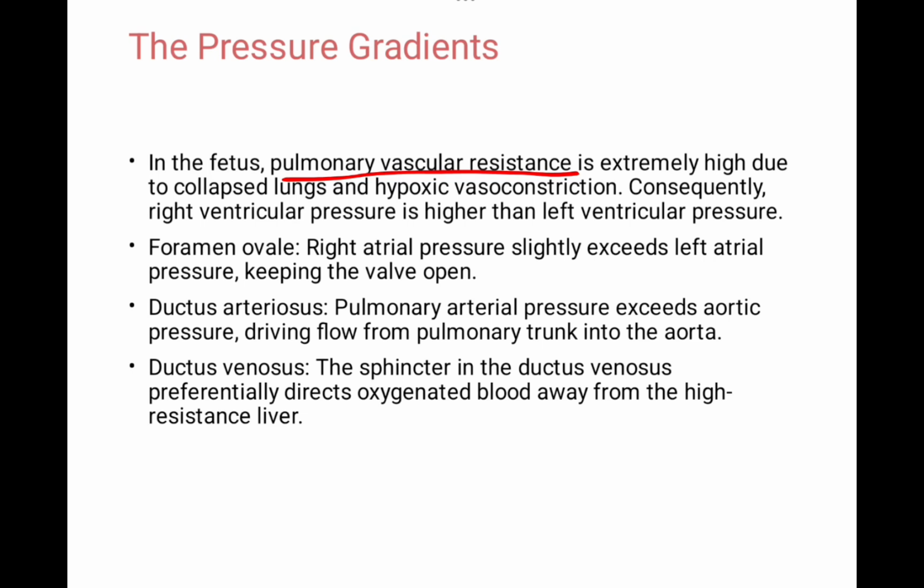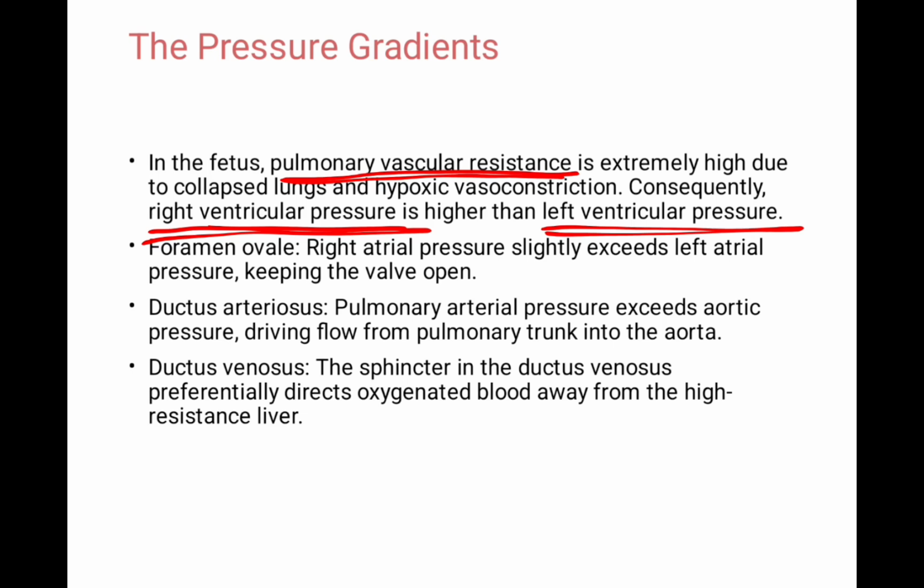Consequently, the pressure in the right ventricle is higher than the pressure in the left ventricle. This is because of the pulmonary vascular resistance, the resistance the right ventricle has to overcome to pump blood. So there's higher pressure in the right ventricle.